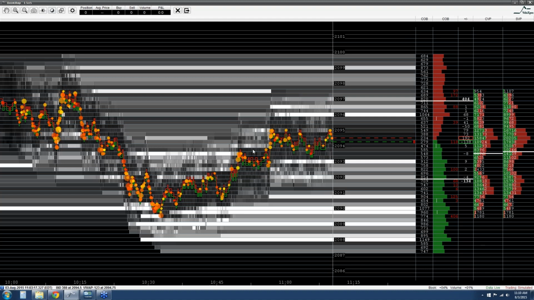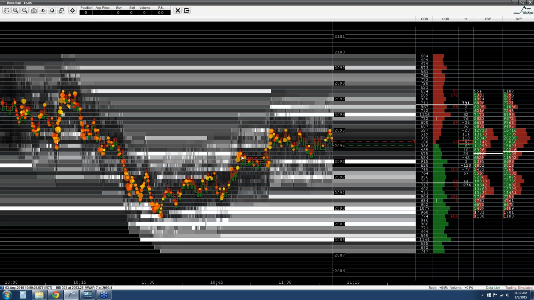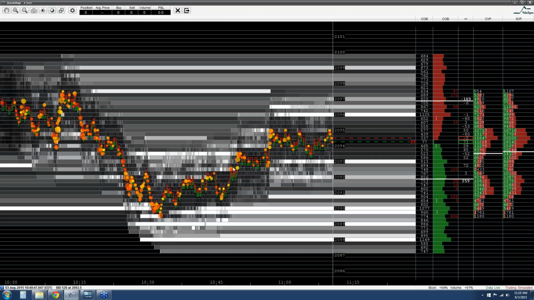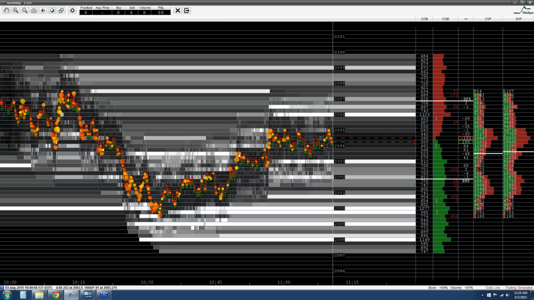Again, looking at this microstructure, notice this little cluster here in range, and notice the sweeping of the book and a movement up just about a point and a half or so.